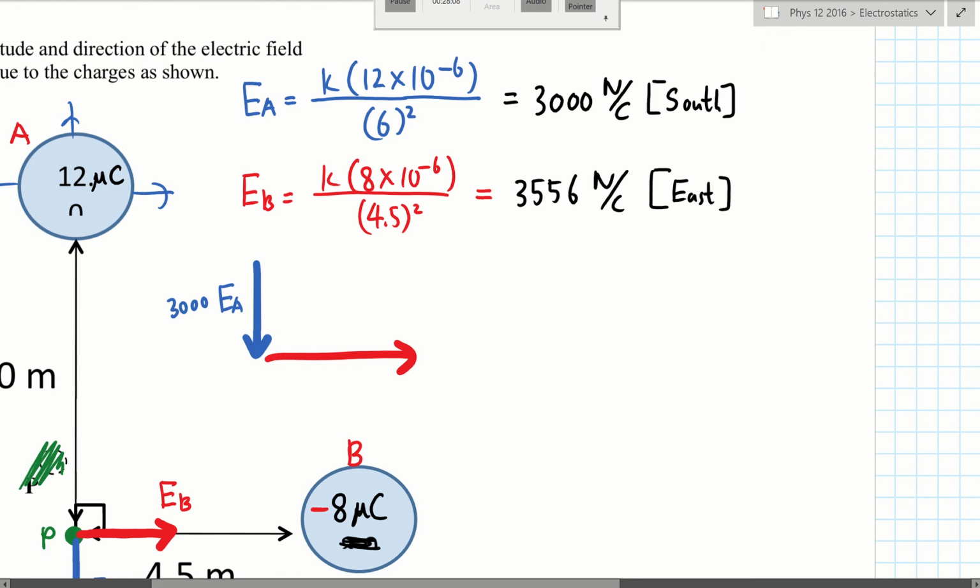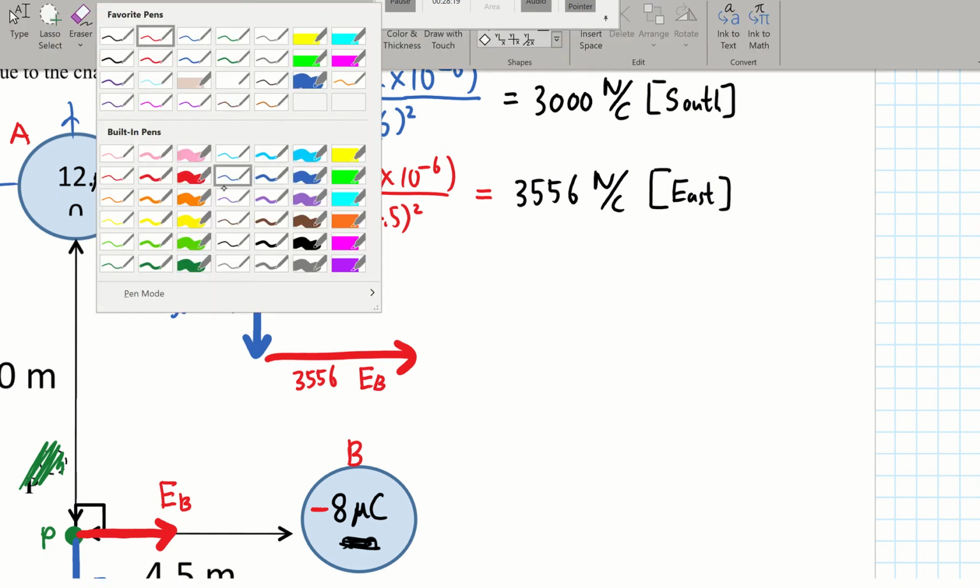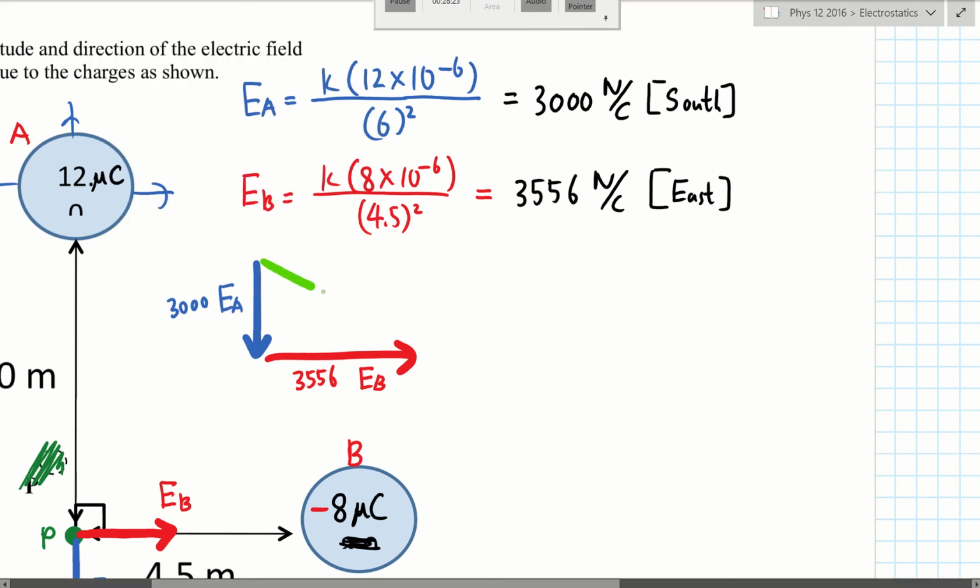It's not a lot bigger. I mean, it's 3,000 versus 3,556. This is electric field B, and it's going that way. So our resultant electric field, our final electric field, if we add them together, should be going this way, right? Tip to tail, from the beginning to the finish, this way. That is our total electric field at the end, ladies and gentlemen, right?